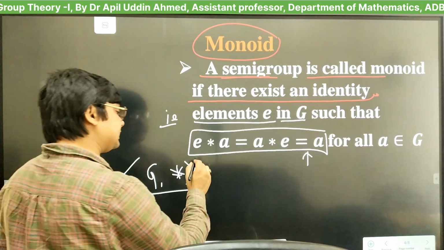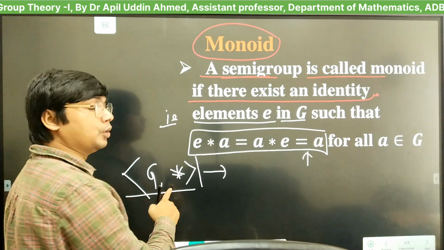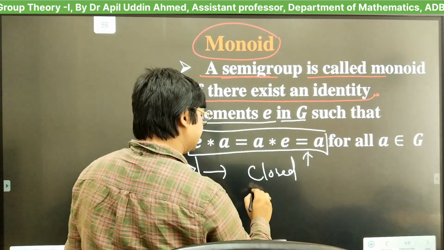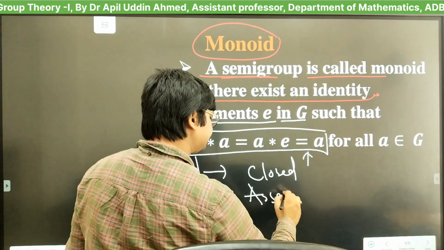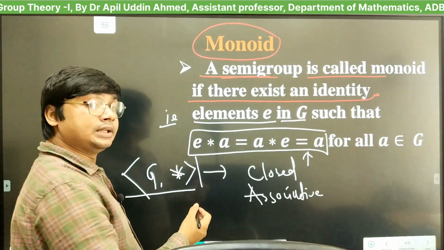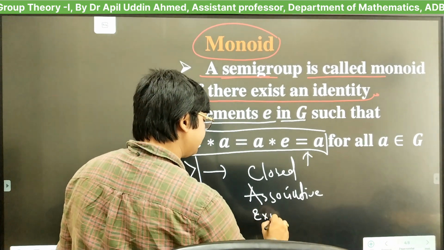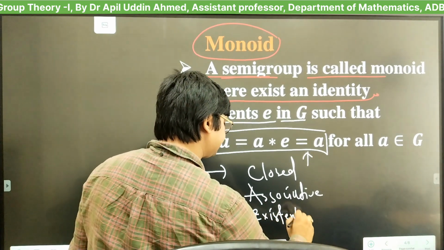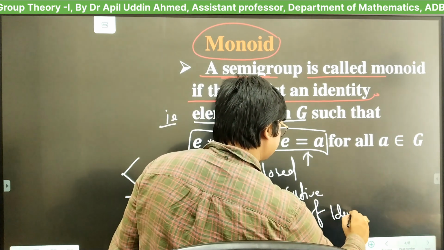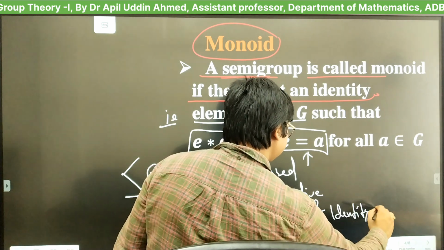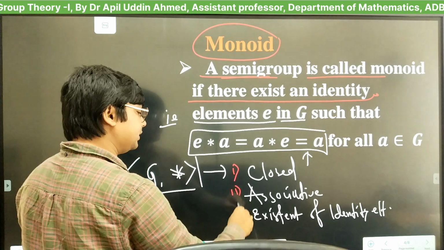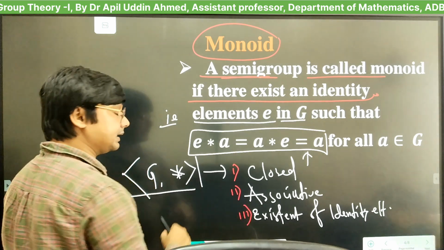That means this structure is said to be a monoid if it is closed, then associative, and then the existence of an identity element. If this is satisfied, then we call this structure a monoid.